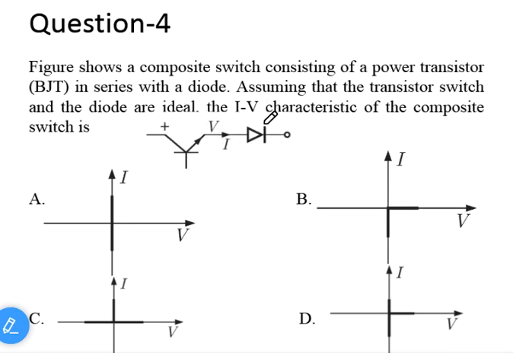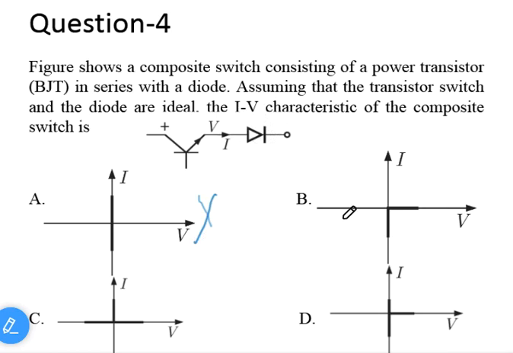As we know, this diode accepts current only in one direction, so it will block the reverse voltage. Therefore, the first characteristic shows that it is allowing positive as well as negative, which is wrong because this diode will not allow any reverse voltage. Therefore, this is the wrong choice.